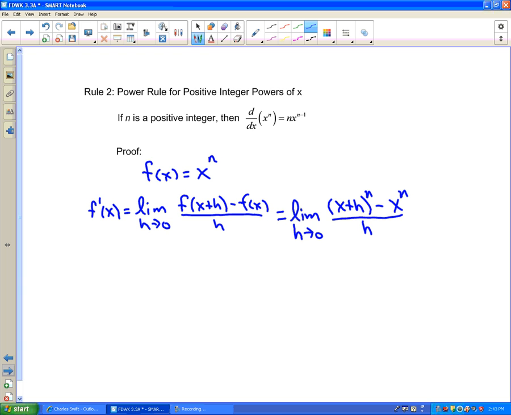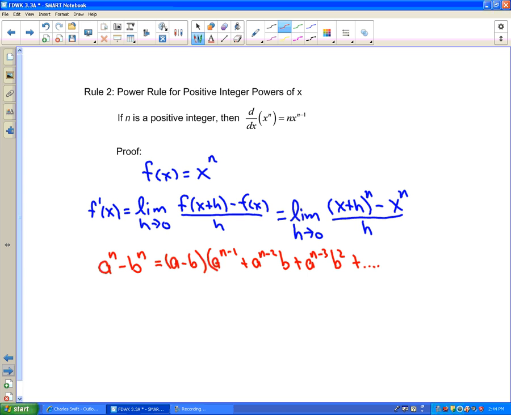Now before we look at the numerator, let's take a look at an expansion from algebra. a to the n minus b to the n, a difference of two powers, is always going to factor into (a minus b) times (a to the n minus 1, plus a to the n minus 2 times b, plus a to the n minus 3 times b squared).